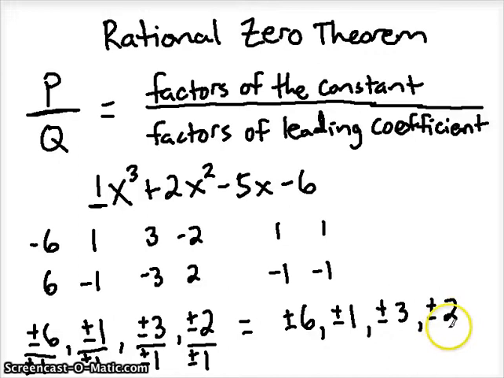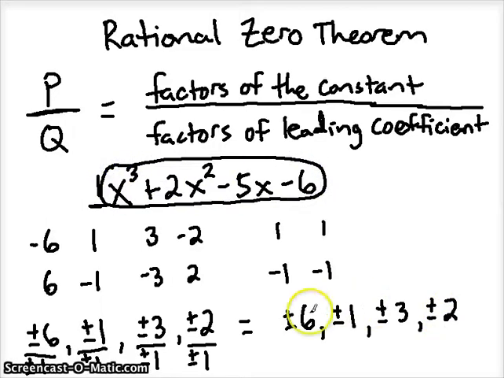Since we live in an age where we have graphing calculators, we could take a look at our graphing calculator, graph this function, and see which of these possible zeros are actual real zeros. And so let me bring up a graph here.